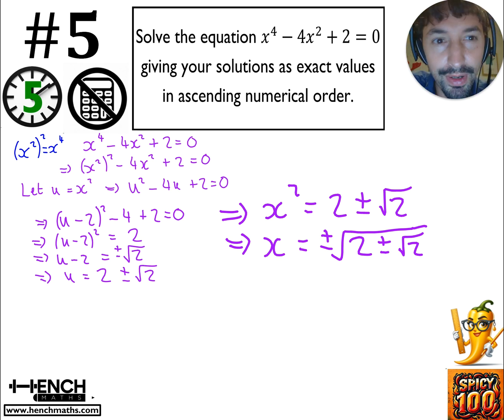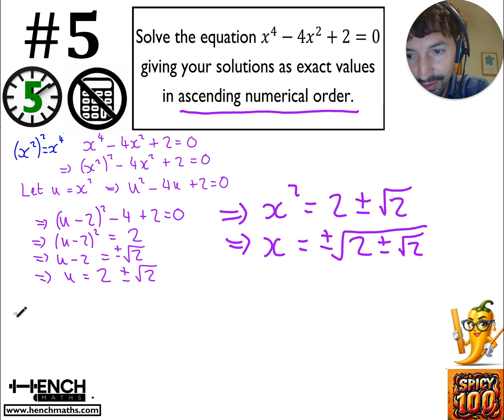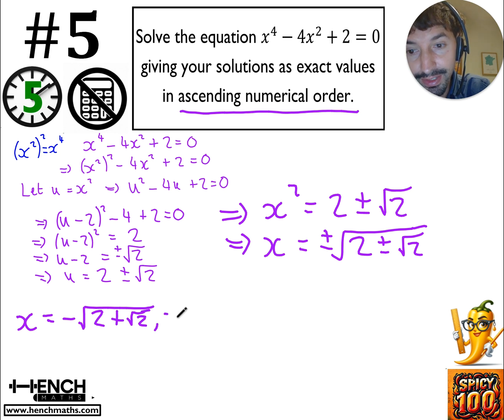We now need to put our 4 solutions in ascending numerical order. We're going to start with the most negative. So we get x equals negative the square root of 2 plus root 2. Then we're going to have negative the square root of 2 subtract root 2.